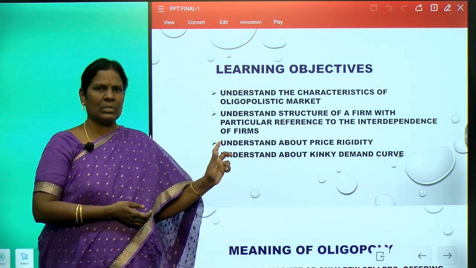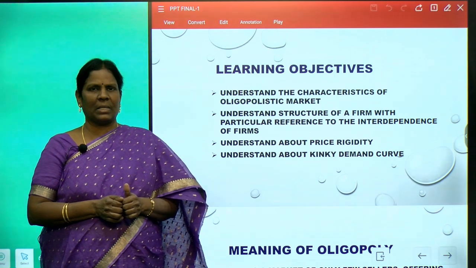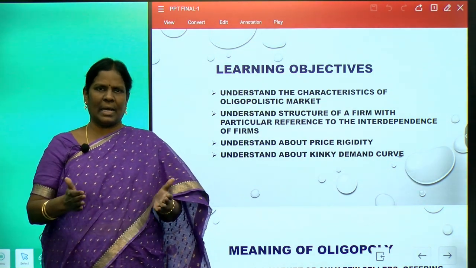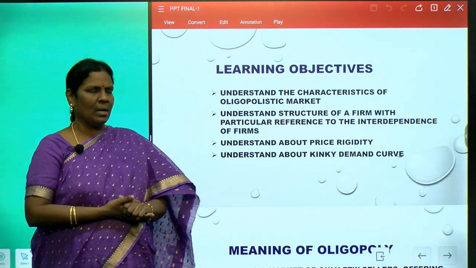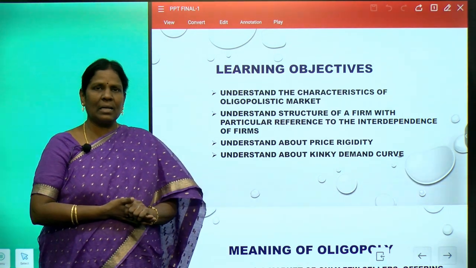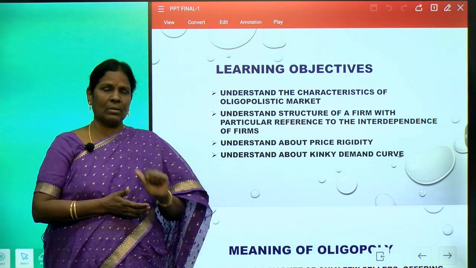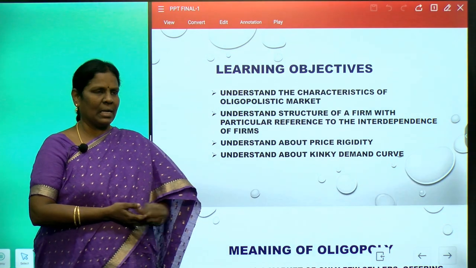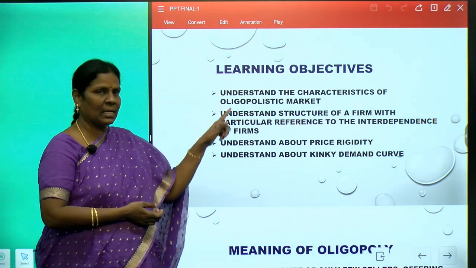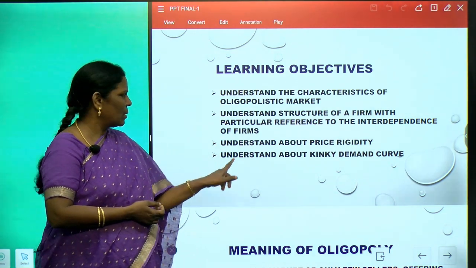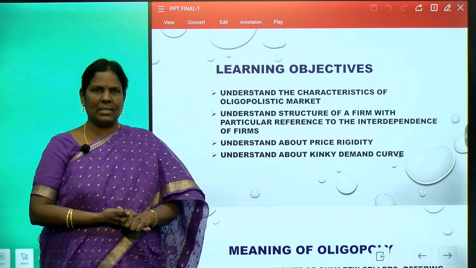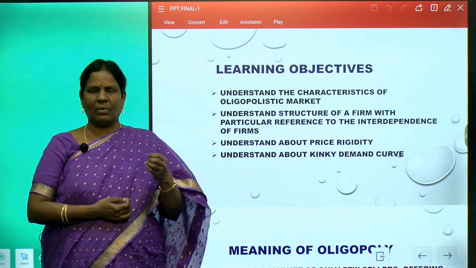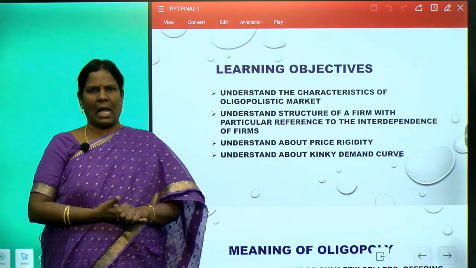The first learning outcome is to understand the meaning and characteristics of oligopoly. Secondly, understand the structure of the firm, particularly the interdependence between one firm and another firm. The third outcome is to understand price rigidity, and finally how the kinky demand curve is one of the peculiar features of oligopoly.